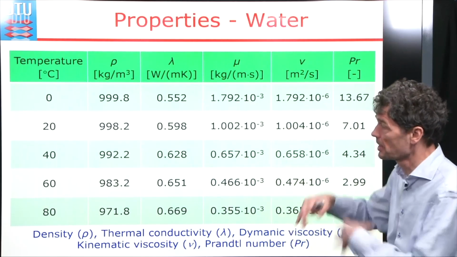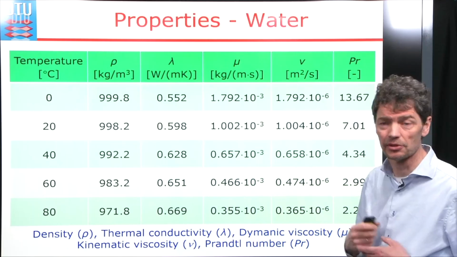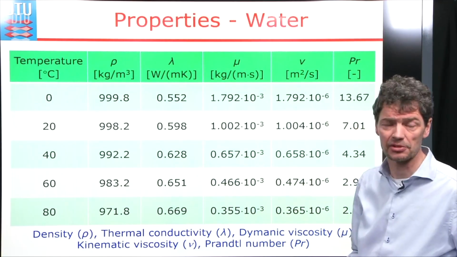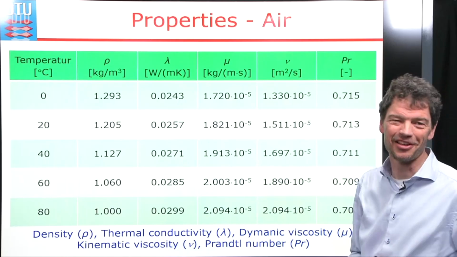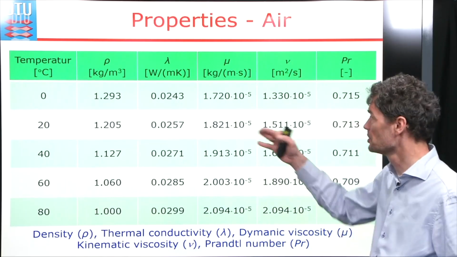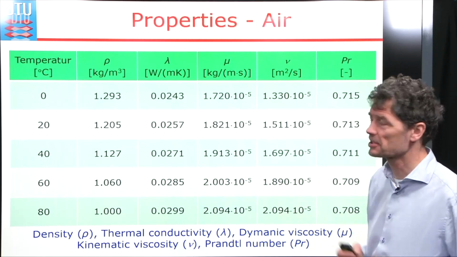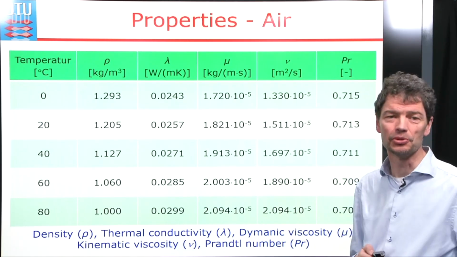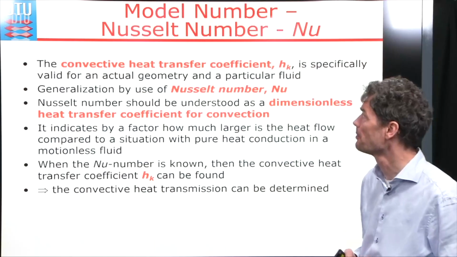Those are numbers that characterize the fluid, and they're somewhat temperature dependent, as this table illustrates. Likewise, another common gas that we'll be interested in is air, and you can see the properties for air in a similar table. So those are numbers that you're probably going to use later on for calculations.